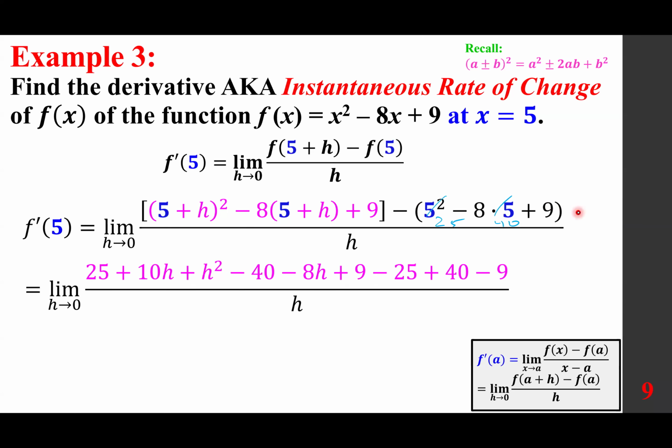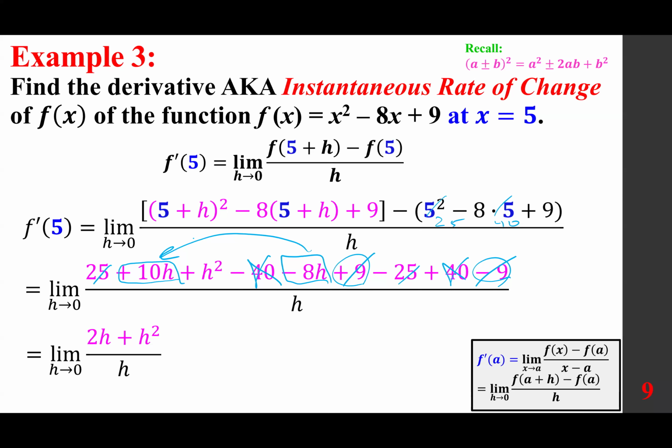You could simplify the second parenthesis, and that may be a better idea. But the reason I didn't is what I'm going to show you: 25 cancels out negative 25, minus 40 plus 40, positive 9, negative 9. That's why I did it that way. But in any event, in the numerator, you have h squared, and you have 10h and minus 8h that add up to 2h.